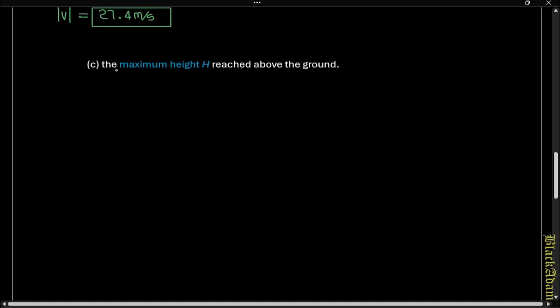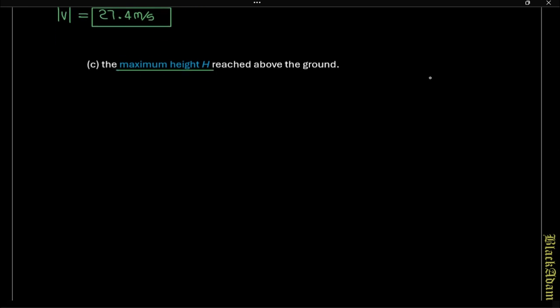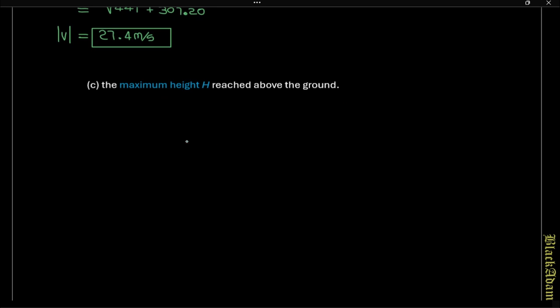So the next question is C, giving us the maximum height h reached above the ground. Maximum height, that is h max, the vertical speed is 0.